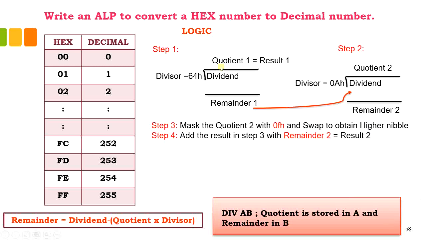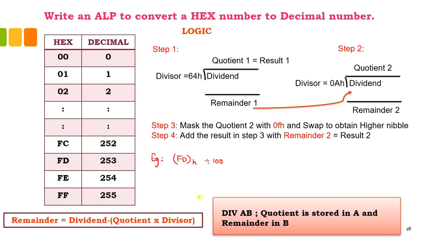So the steps go like this. First, say I am considering as an example the number FD, which is a hexadecimal number. I am going to perform the division by 100.